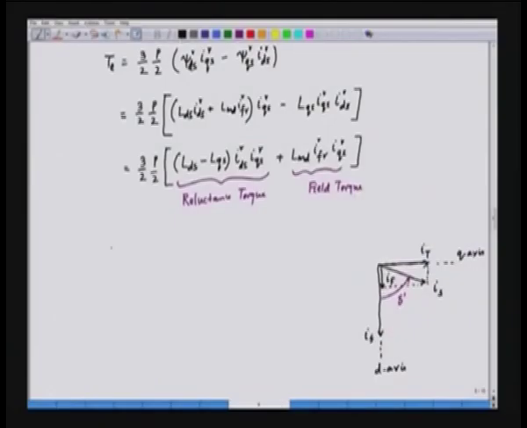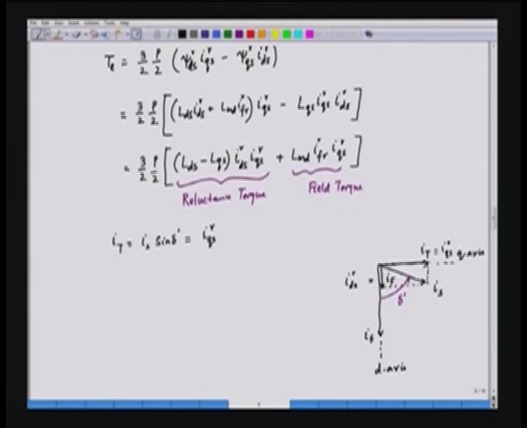So, what we can do here is say that It is equal to Is into sine of delta prime, and that is also equal to Iqs in the rotor reference frame, because this is the Q axis component of the current. And If is the same as Ids, the D axis component of the stator current.